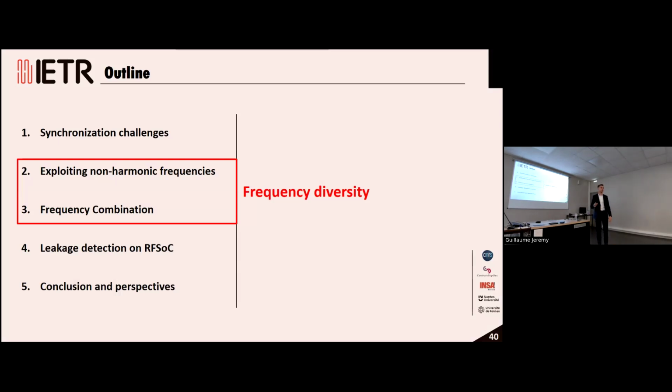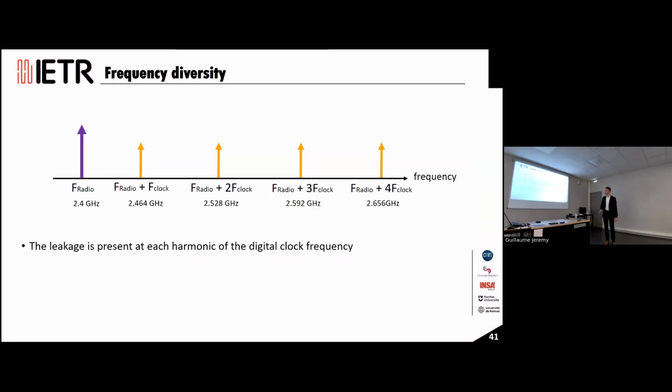So after this initial contribution, we wanted to study the frequency diversity property of the leakage, so the fact that the leakage is present at multiple frequencies. And this will lead us to the two next contributions. As I said, when I presented the screaming channel attack, the leakage is present at every harmonic of the digital clock frequency around the frequency of the legitimate signal.